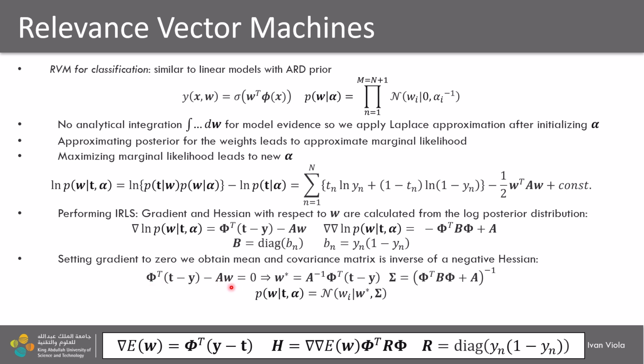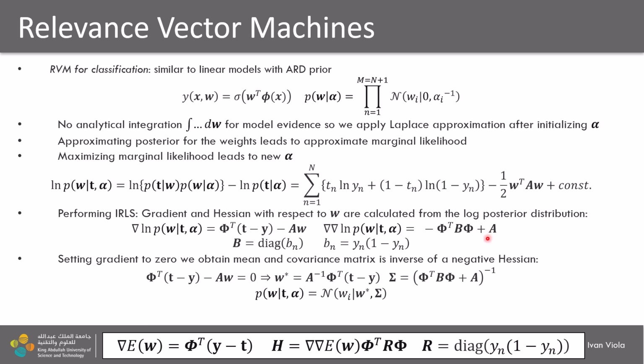And the covariance matrix will turn out to be the Hessian matrix, which we have here, just the minus of it and inverse, because by the Hessian matrix we are in fact calculating the precision matrix instead of the covariance matrix.